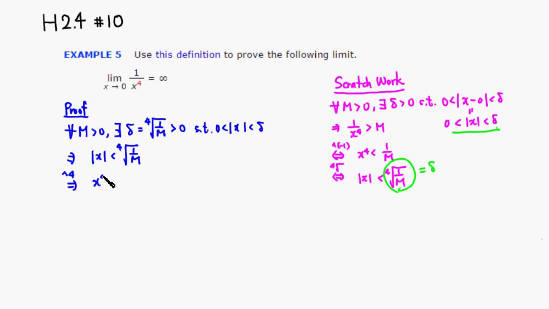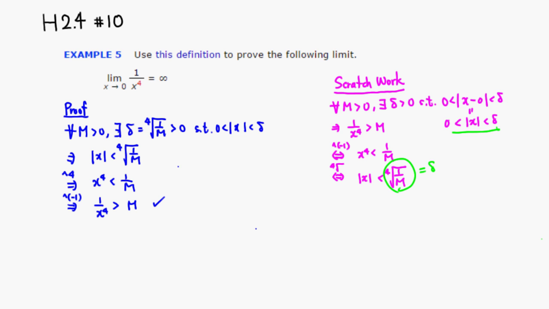So you have x to the fourth, since it's an even power, we don't need the absolute value, less than 1 over M. And if you take the reciprocal, we get 1 over x to the fourth greater than M. Then we have to change the inequality. And then this is exactly what we wanted to say.